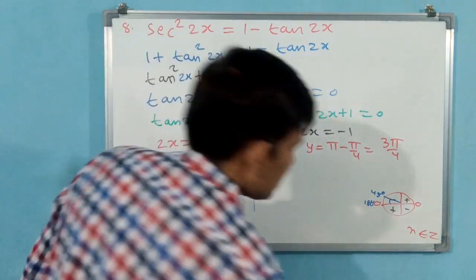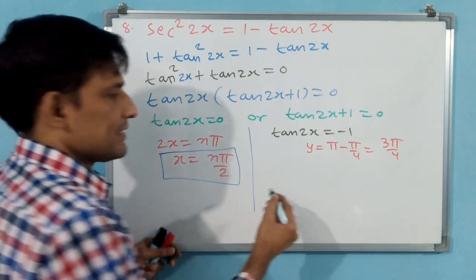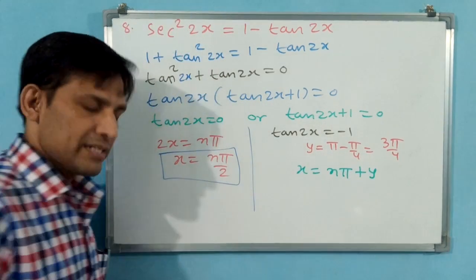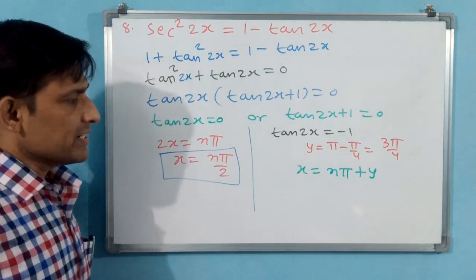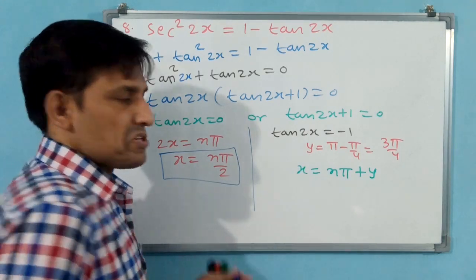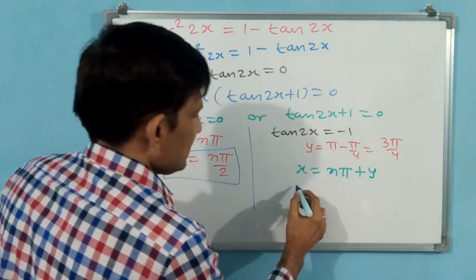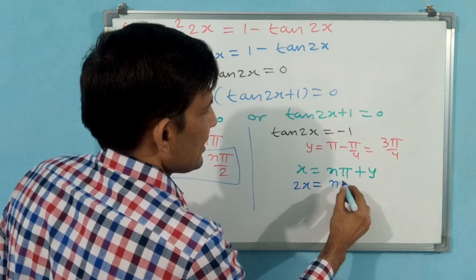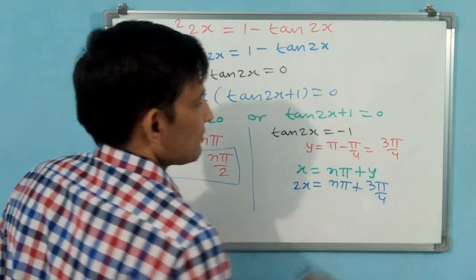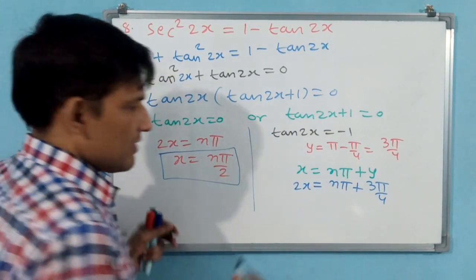But how to write? You see, carefully observe here. First you write the equation for tan. Tan equation is x is equal to n pi plus y. This is the equation. While substituting here, x is 2x. Carefully you have to write, or else you are going to make a mistake. This is the general solution, but x has become 2x. 2x is equal to n pi plus y, y is 3 pi by 4. Now if this is 2x, then what about x?